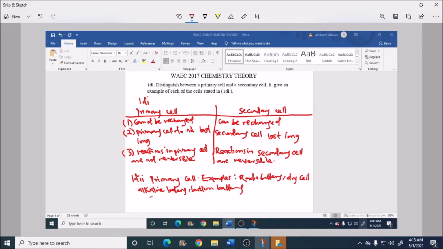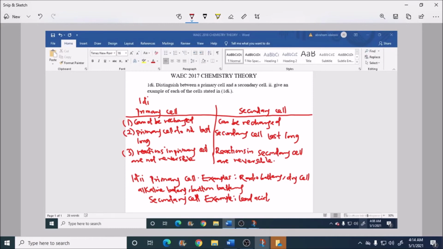Then secondary cell, we have to give the examples of secondary cell as well. The examples are lead acid, which is one of the examples of secondary cell.